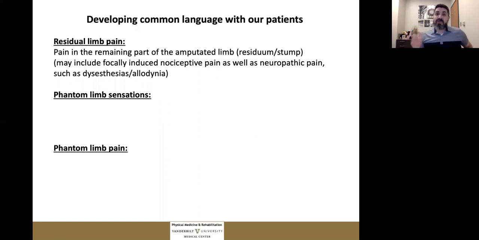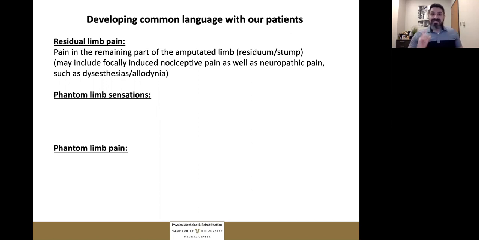Dysesthesias, allodynia. So here's what these mean. When we talk about paresthesias, we talk about an abnormal sensation to the skin where there's no sign of skin damage. You look at it, there's no discoloration, there's no wounds or anything, but people are reporting different sensations like formication, little ants, creepy crawlies, this, that, the other. This part feels cold, a little bit stinging, burning, whatever.